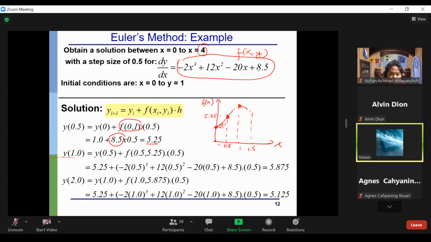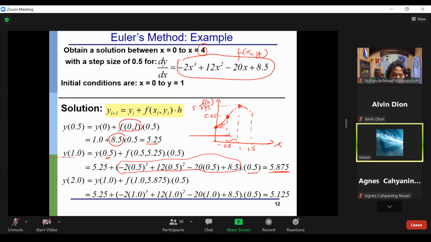We insert the value of x, which is 0.5 here, because this is only a function of x. So this is the calculation of the slope times h, the distance, which is 0.5. So now we calculate the value of 5.875.